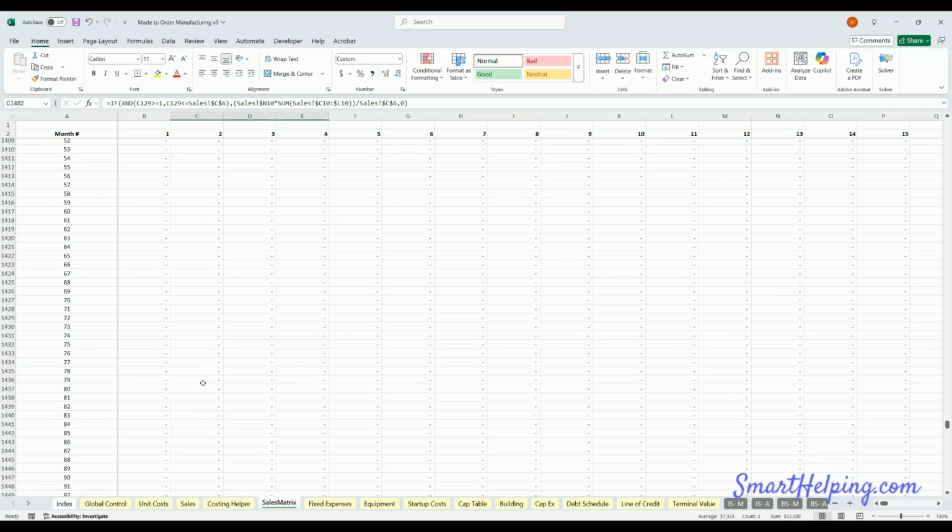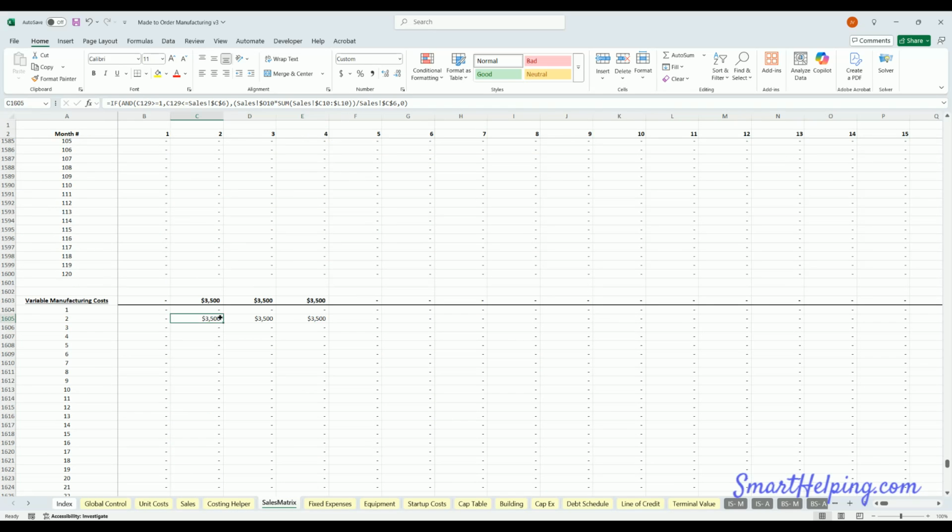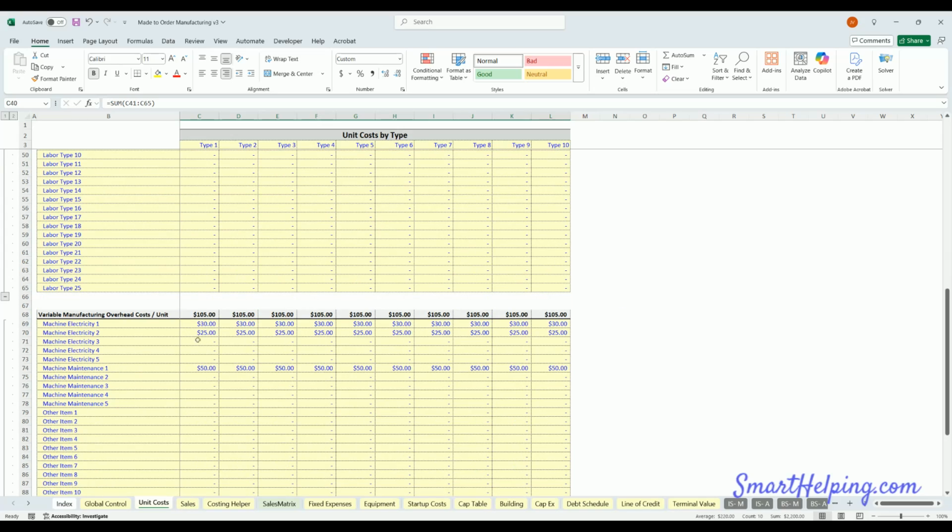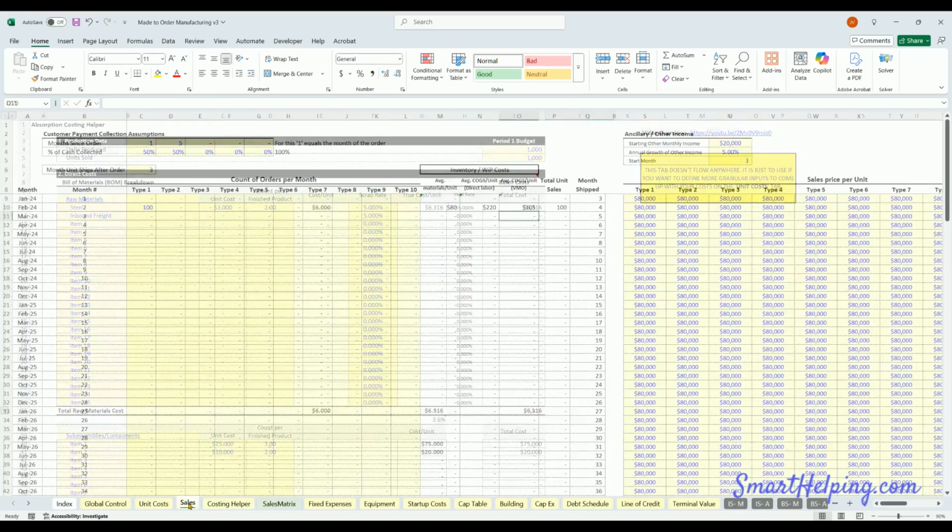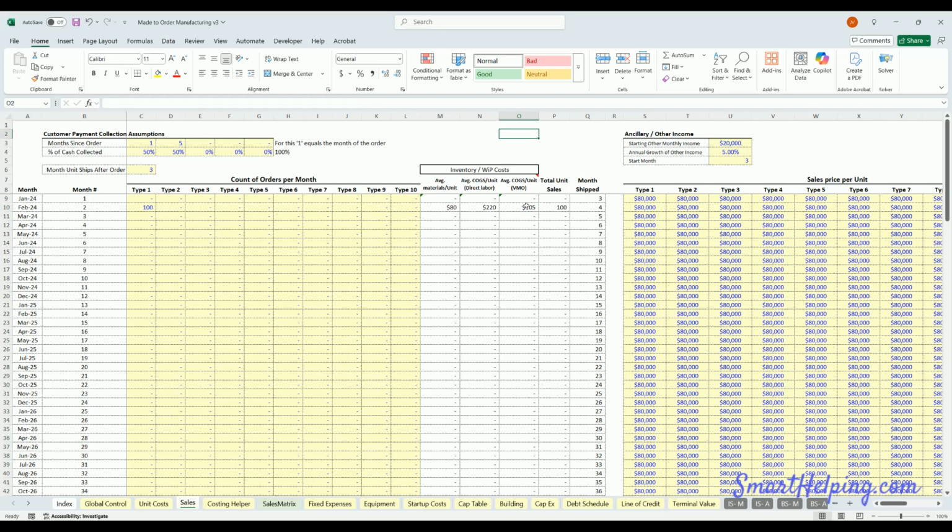And if you go down a little bit more, the variable manufacturing overhead is 10,500 over the 3 months, and 10,500 is simply derived from your weighted average cost per unit: 105 times 100 is 10,500, and we're dividing that over 3.